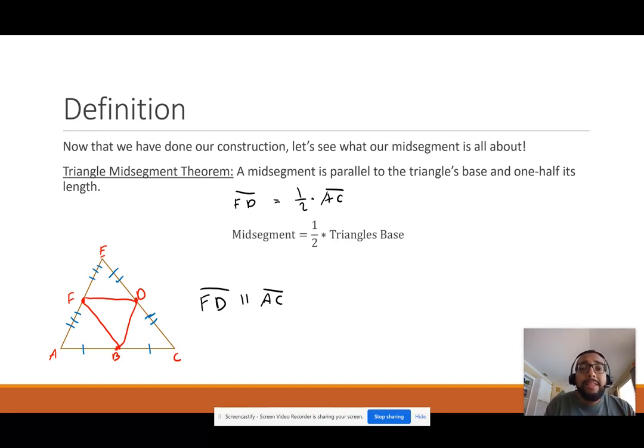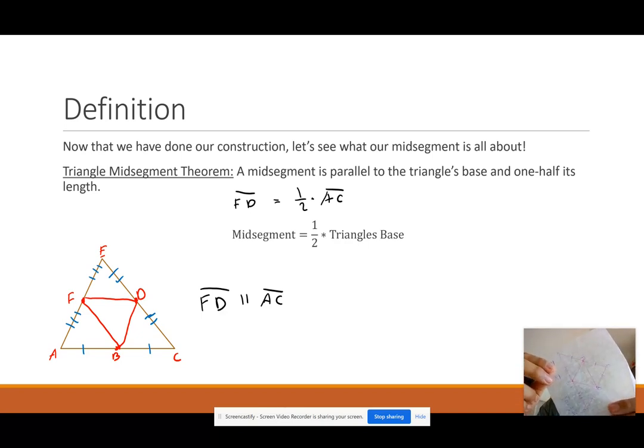One thing to note: yes, FD is a mid segment, but it's not the only one. This is kind of hard to see, so try to picture it in your head, and if it helps, use the patty paper. We had FD and AC as our corresponding pair. Well, what if I did this?